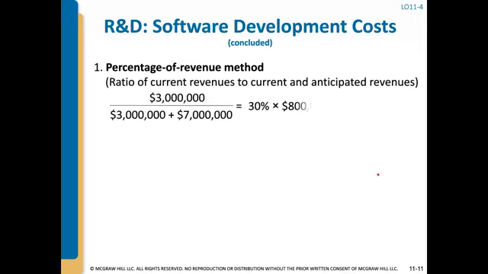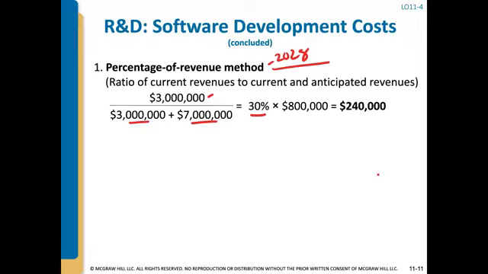So then let's calculate our amortization expense for our first year, which is 2028. First you have to calculate the percentage of revenue method, which takes the current revenue for the whole year 2028. You're going to take the current revenues of 3 million divided by the total lifetime revenues expected to be generated from the software, which is the 2028 revenue plus the next 3 years of 7 million.